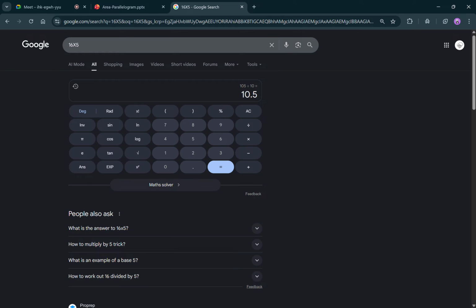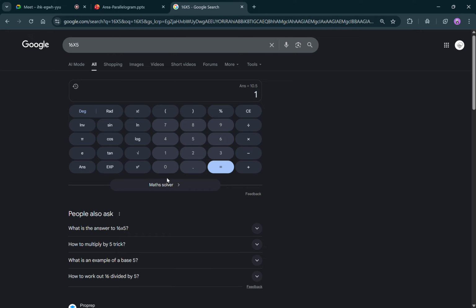Okay, we're going to start. Now, the next step is that we're going to multiply. Let's start with the base. What is the base? The base is 10.5 centimeters. We multiply that by 8.4.